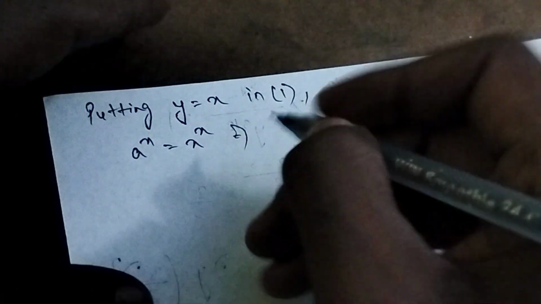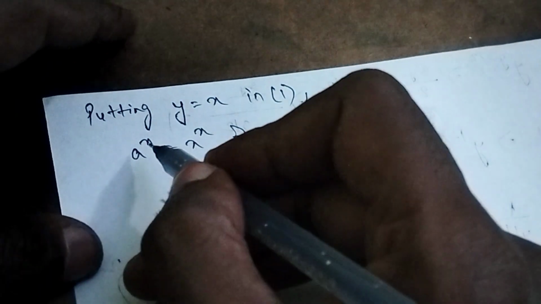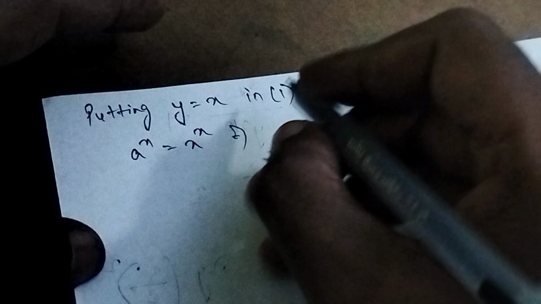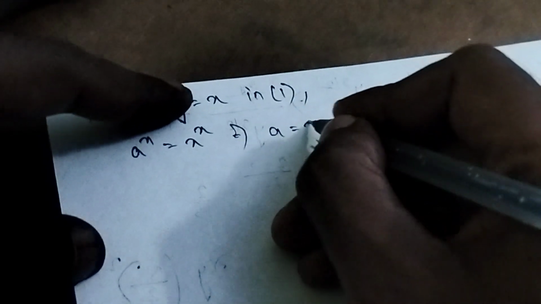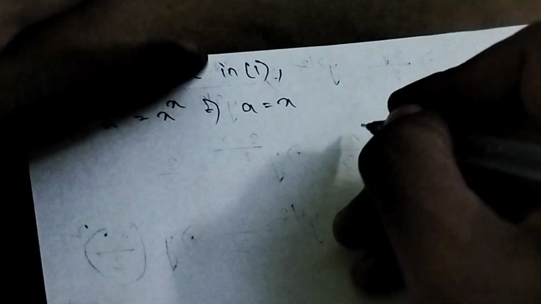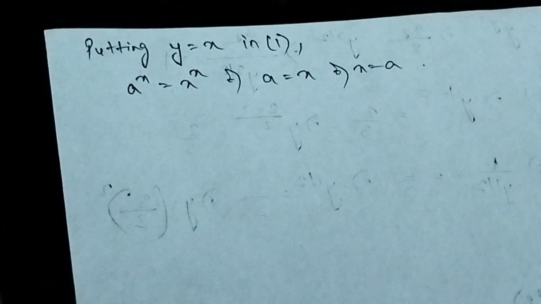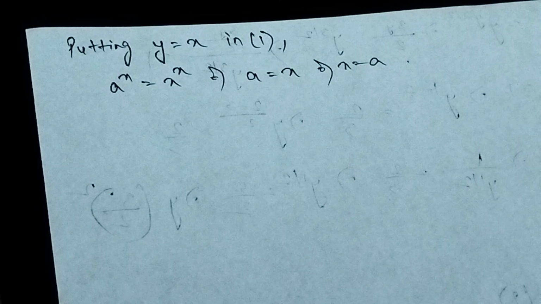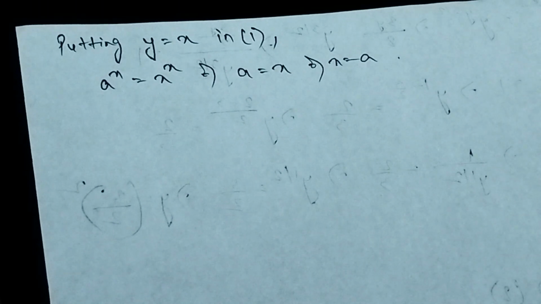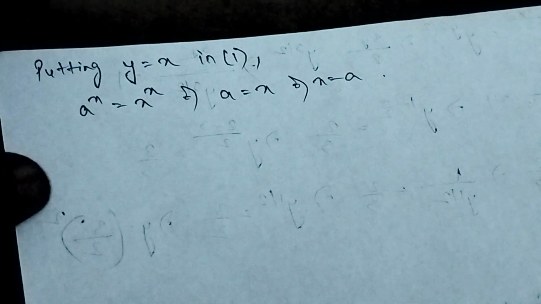Now you see both of them have powers x. So from here we can write a is equal to x, or x is equal to a.